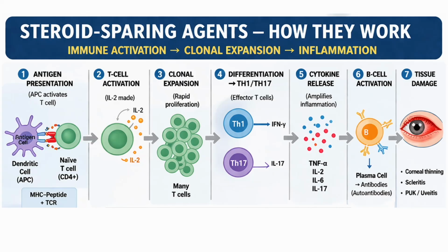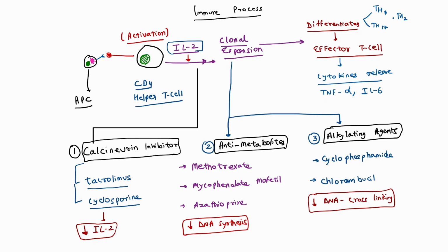Now we will see how each of these steroid sparing drugs acts and at what steps they act. There are three major classes of steroid sparing immunosuppressants. First class is calcineurin inhibitors. Normally in OPD, they start giving cyclosporin and tacrolimus in case of severe dry eye.